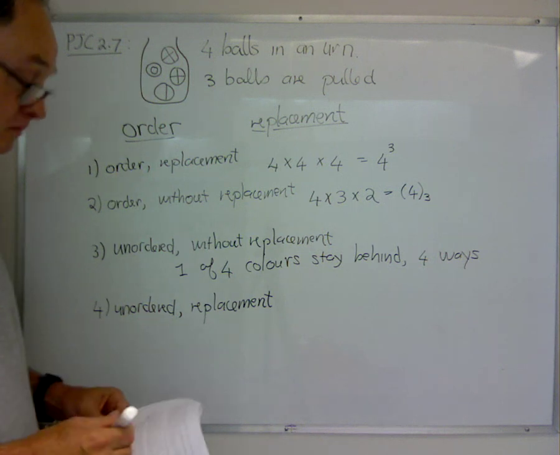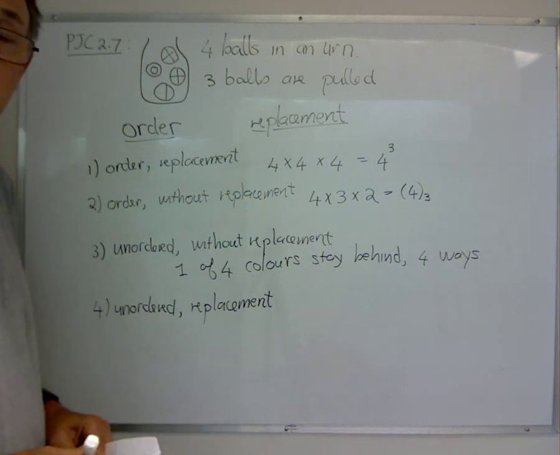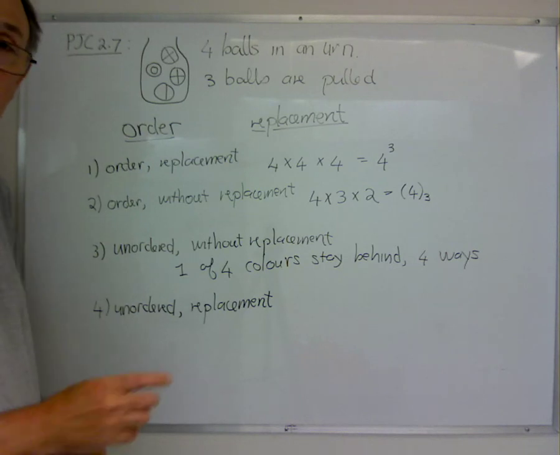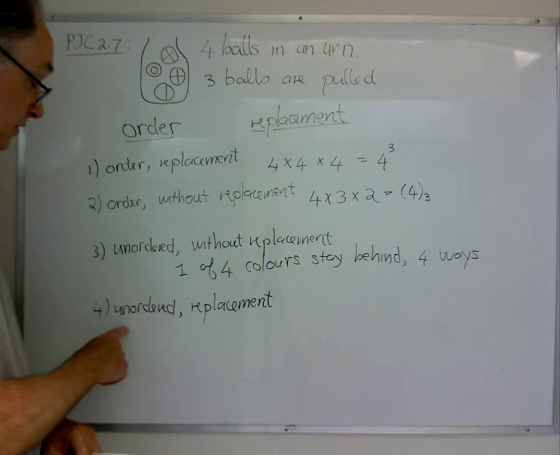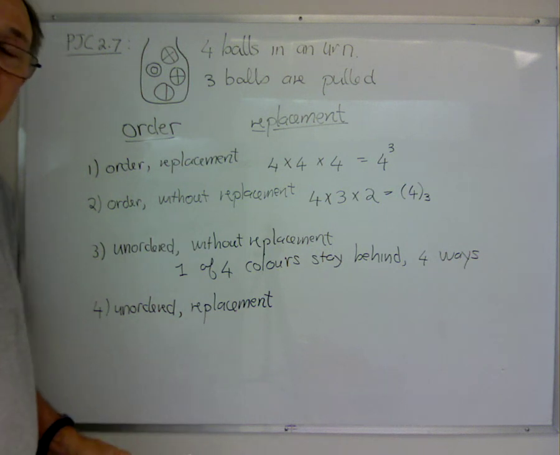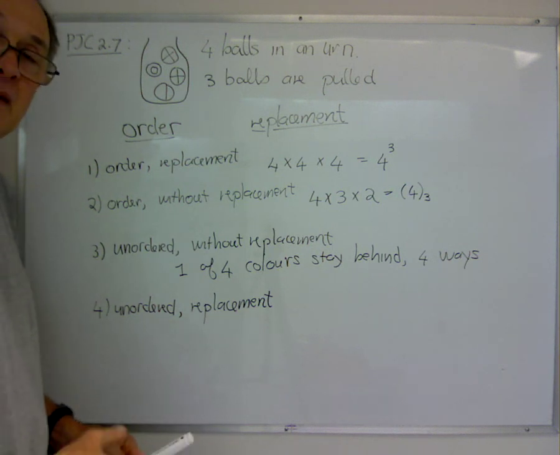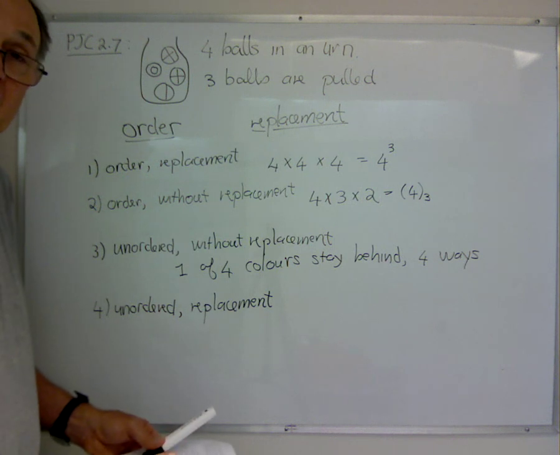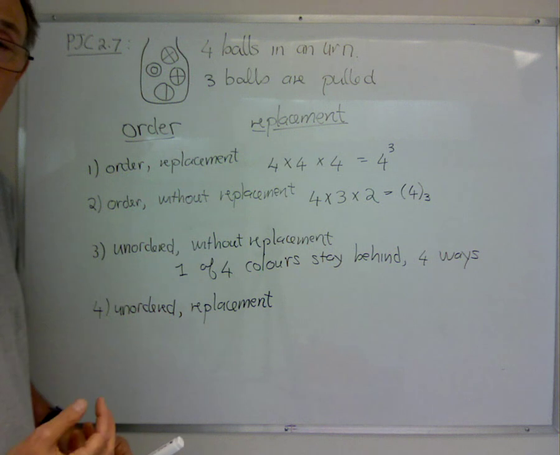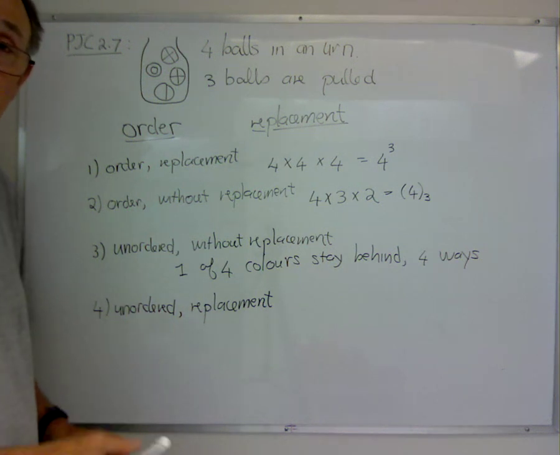So let us see. The first thing you can do is pull a ball of the same color 3 times, right? So you're pulling 3 balls, but you don't have an order, so again, you can't pull out the first, the second, and the third. But the number of outcomes you can have pulling a ball of the same color is 4, right? You get one of the 4 colors 3 times.